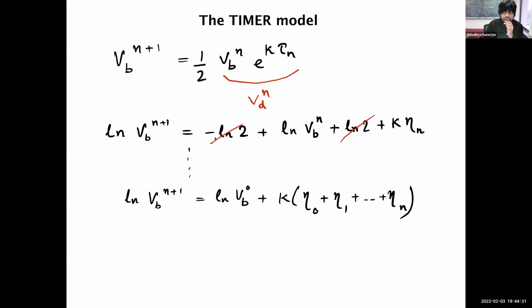And what you see here, if you write that tau n is log 2 over kappa, as I said in my previous slide, plus some noise, then the log of cell size is the log of cell size in the previous generation plus a noise term, kappa eta n, which is the noise.